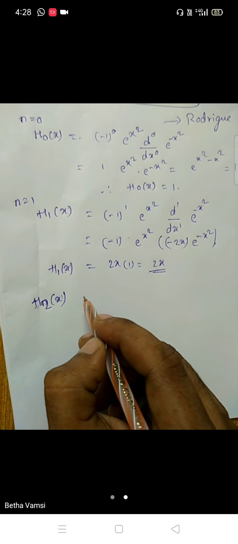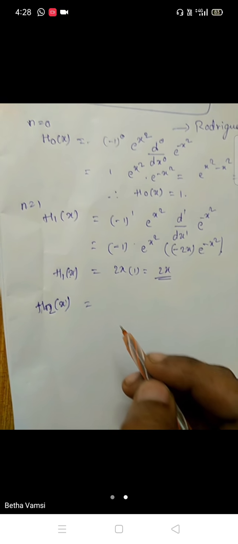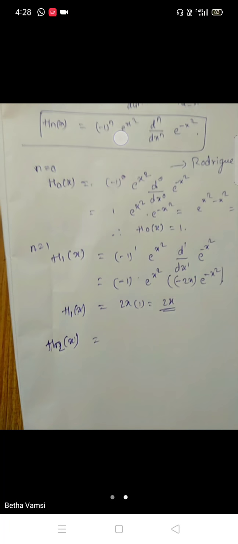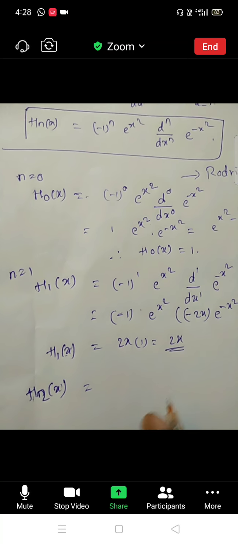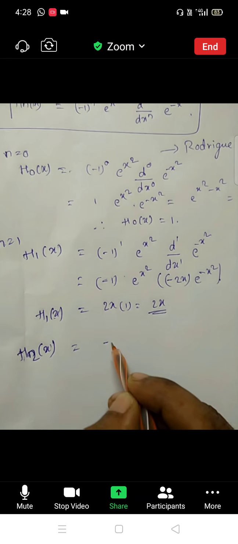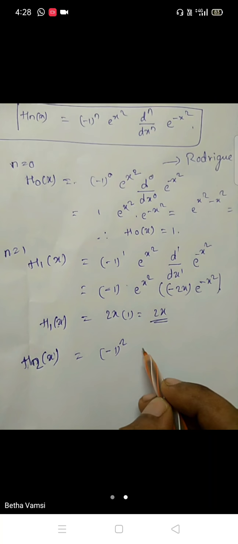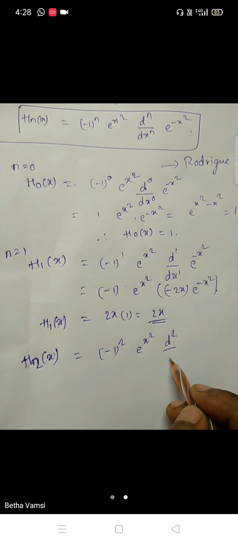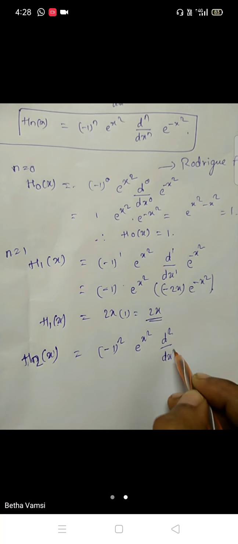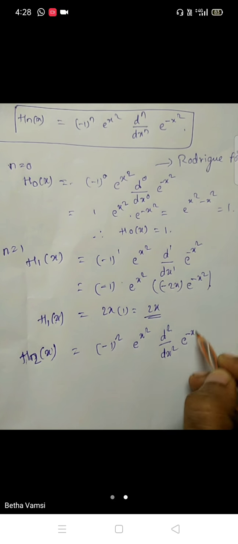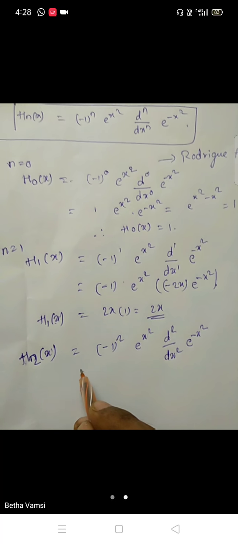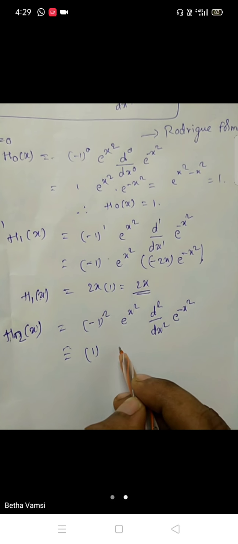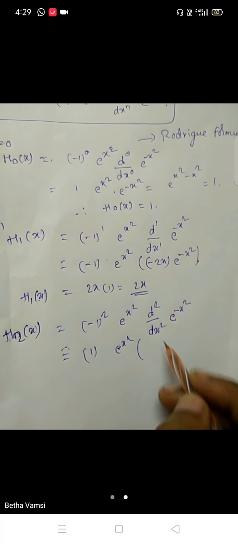In the Rodrigues formula, keep n equal to 2: minus 1 whole square, e power of x square, d square by dx square of e power of minus x square, which is equal to 1 into e power of x square.